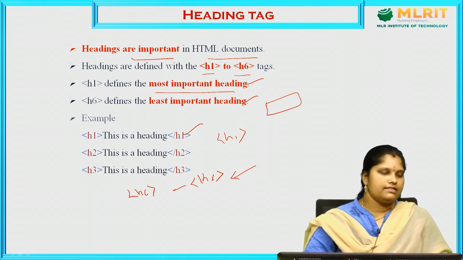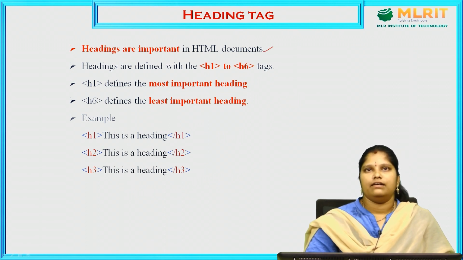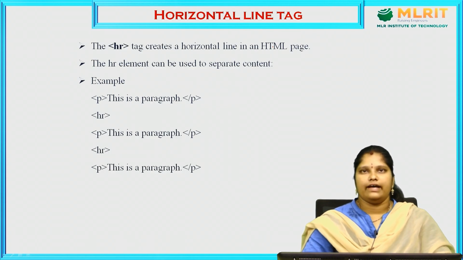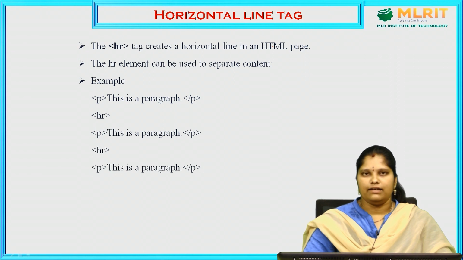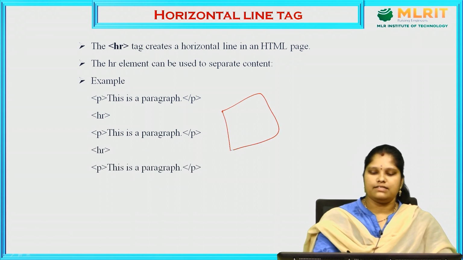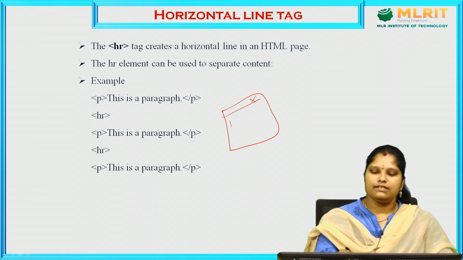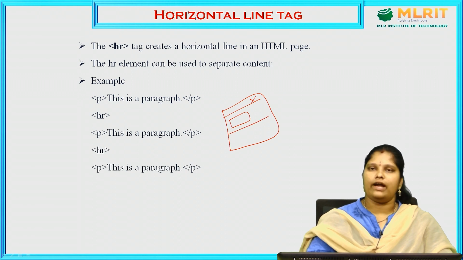This is the basic HTML tag for heading. And the next tag is the horizontal line tag, right? For example, I want to divide the paragraph with a horizontal line like this. This is my web page, this is the title bar, and this is my first paragraph, and we can divide that paragraph like this, right.